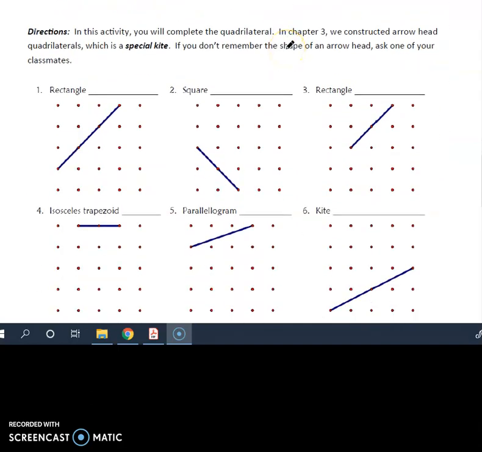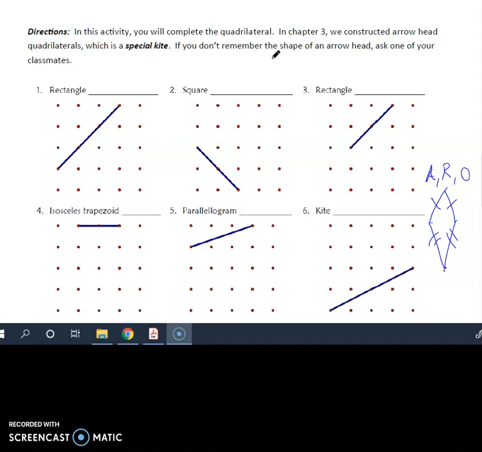Here you're going to be finishing off the shapes to show that you can quickly do this. I would suggest making sure the angles are right angles, especially in the rectangles and squares. You may want to use a corner of a sheet of paper to place it where the angle is, to make sure it really is a 90-degree angle. You're also going to get what's called an arrowhead kite. In a kite, all of the angles are either acute, right, or obtuse. A kite has two sets of distinct, equal, adjacent sides.